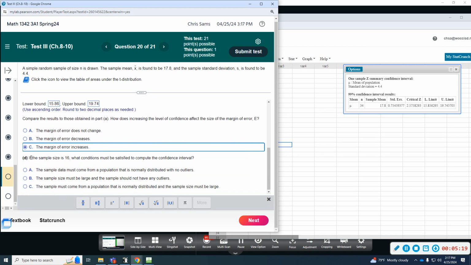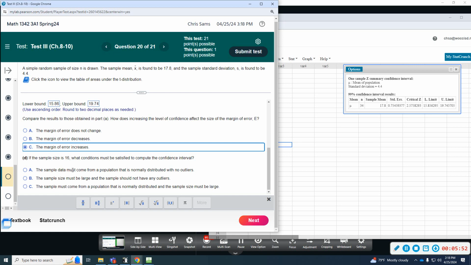If the sample size is 16, what conditions must be satisfied to compute a confidence interval? Using the sample mean, the population must be normally distributed or we have a sample size that's big enough. There should not be any outliers, because outliers will throw off our data.